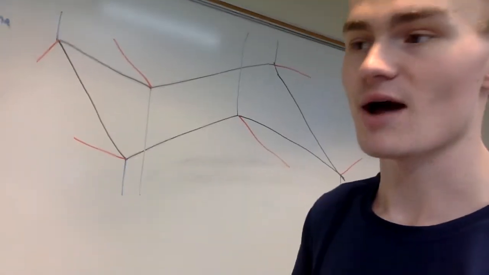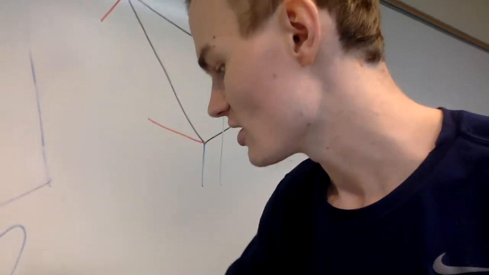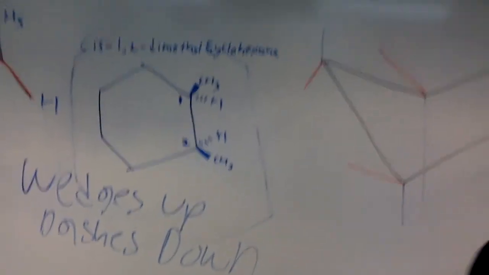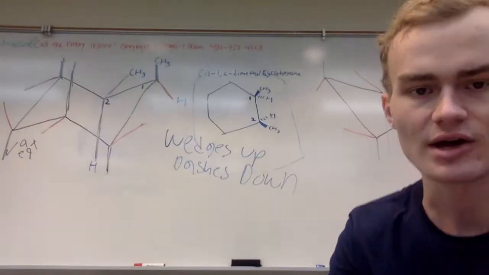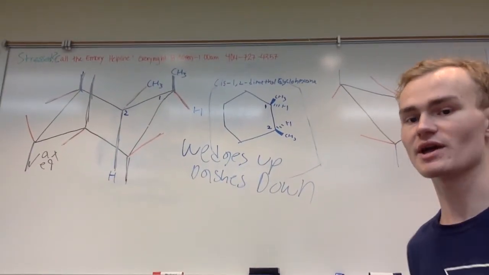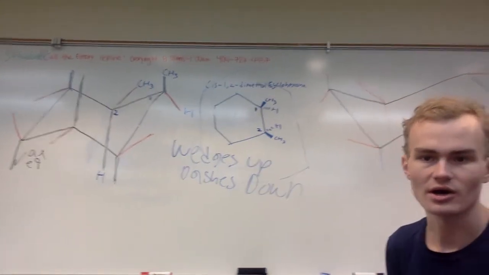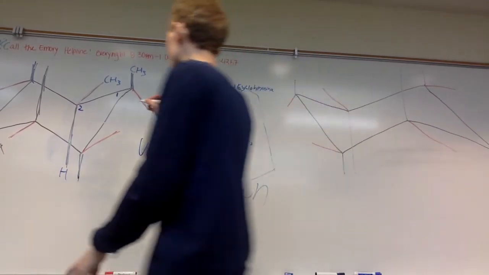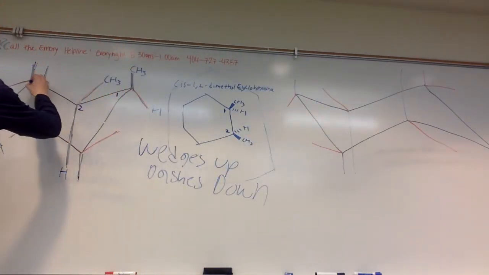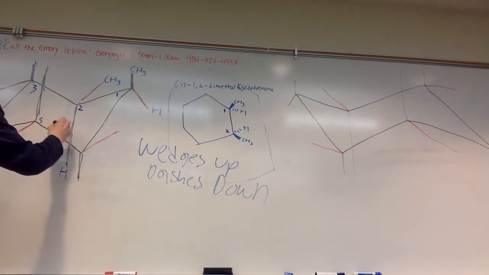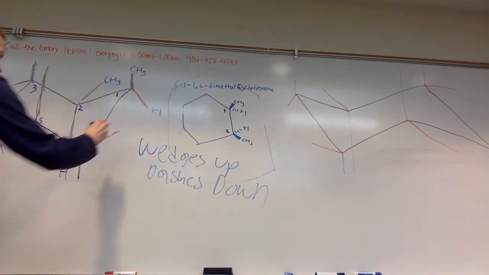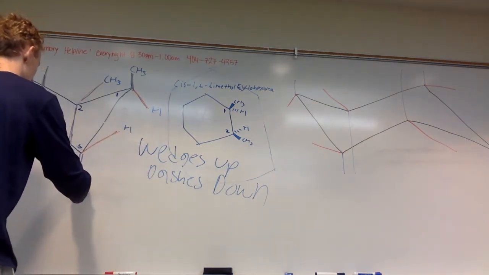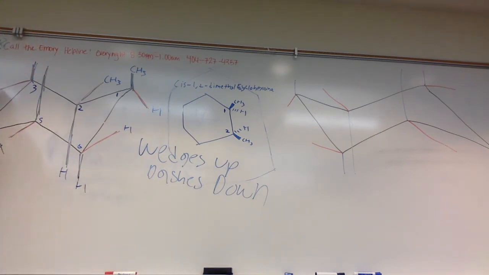So basically, what would happen is, taking into account that the numbers are going to switch a little bit, here we have 1, 2, 3, 4, 5, and 6. And here you have an H here, an H here, H here, H here, H here, H here, H here.